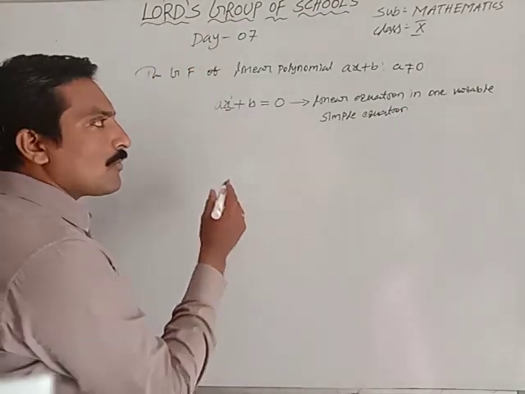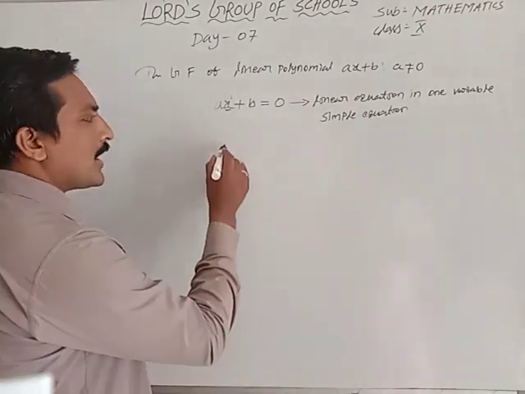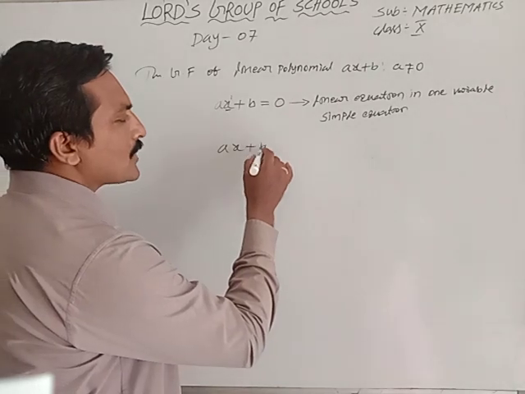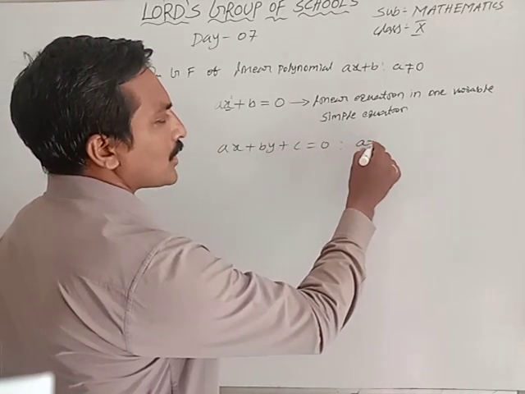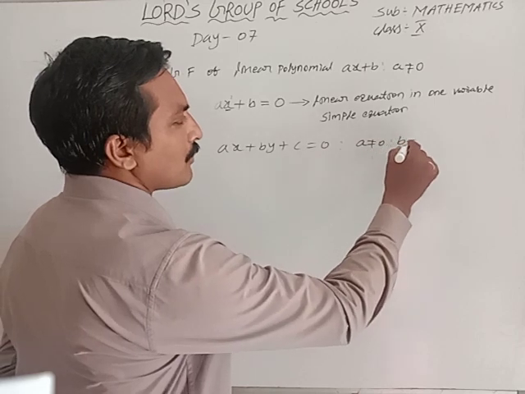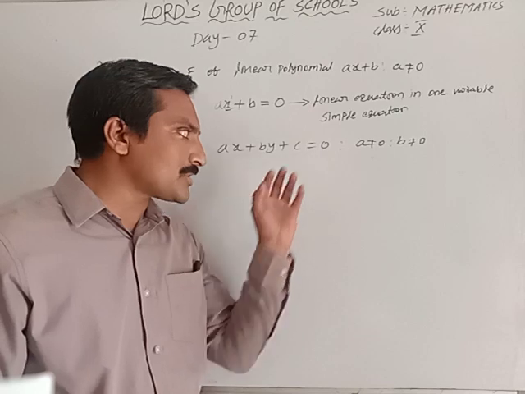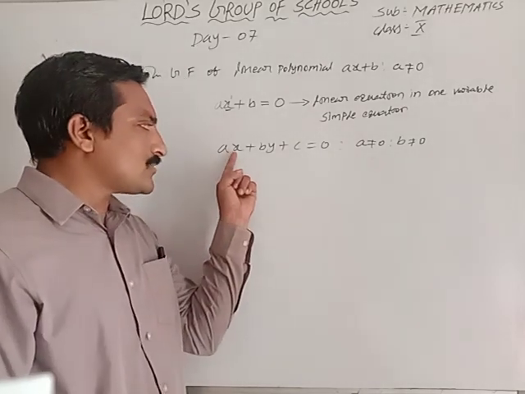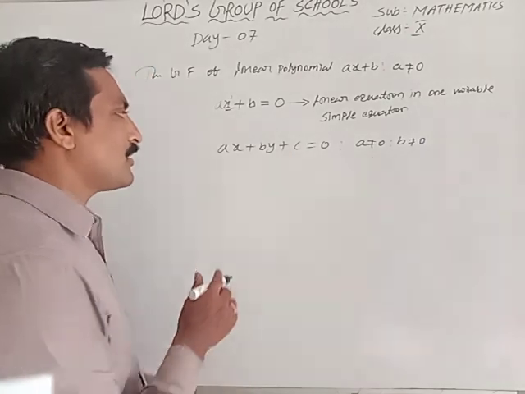Next, what is a linear equation in two variables? It is ax plus by plus c is equal to 0, where a is not equal to 0 and b is not equal to 0. Observe that x is one variable and y is another, so two variables are present.